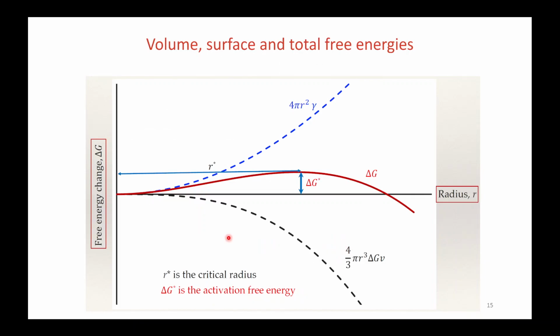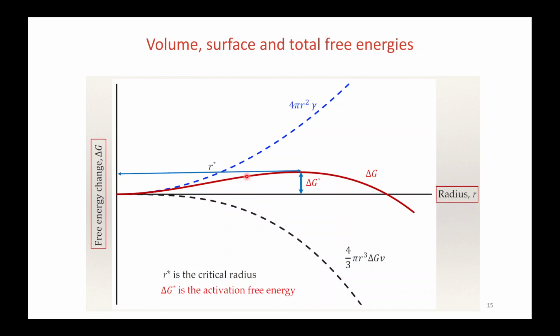And this is how, with increasing radius of this nucleus, your energy will change. Surface energy is positive, which will be preventing the formation of this nucleus, and your driving force is your volume energy, which will be negative, so it keeps on increasing in the negative direction. The addition of both of these gives the total energy, which is this curve.